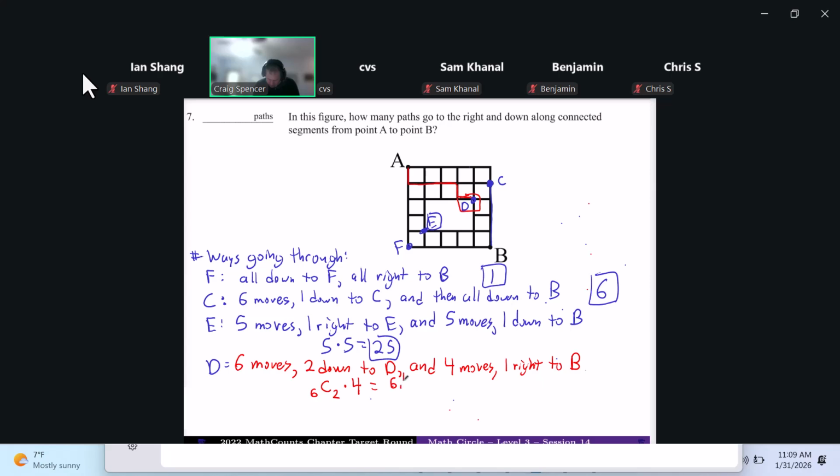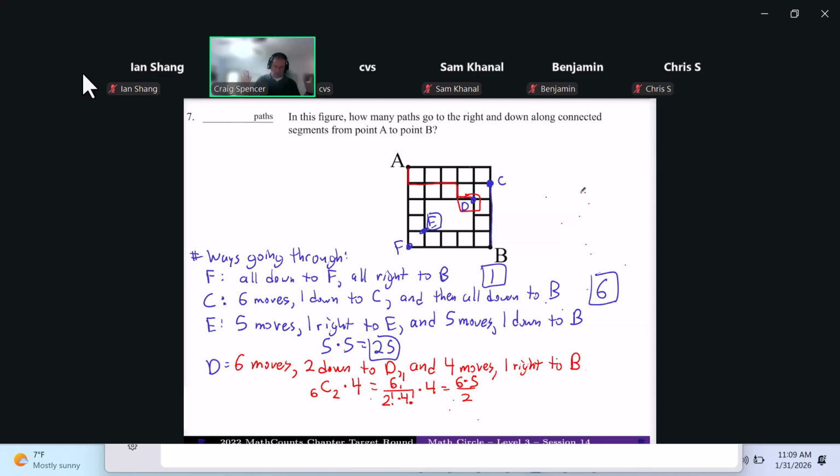So this would be 6 factorial over 2 factorial times 4 factorial. Or, not bring in factorials, this would be 6 times 5 over 2. You could also think of this as spots amongst the 6 that I could pick for the 2 down steps, but the order of selection doesn't matter, so I'd be dividing by 2.